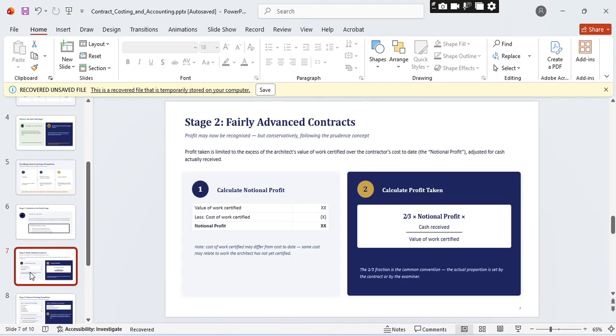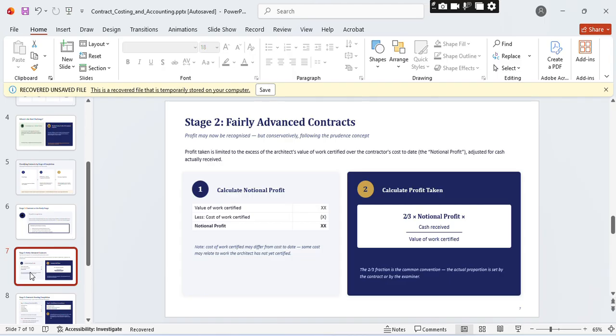Now, for example, what we are saying is that assuming that the contractor incurred the cost of 1 million naira, and at stage two, the valuer now values the level or stage of that contract, okay, the job that the contractor was able to achieve, okay, or the task that the contractor was able to achieve at the fairly advanced stage, okay, as maybe 3 million naira, okay.